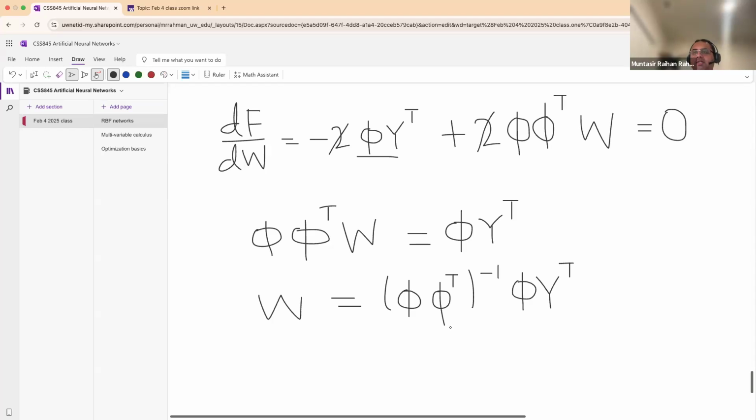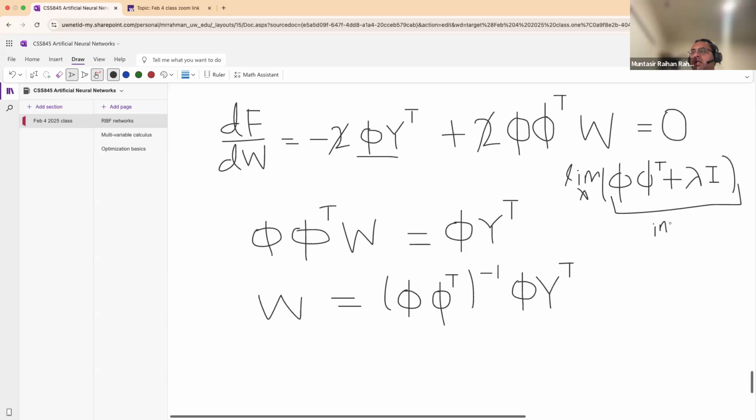Remember that if it's not invertible, we can do phi transpose and then add a lambda times I, and take a very small lambda such that this thing gets invertible, right?